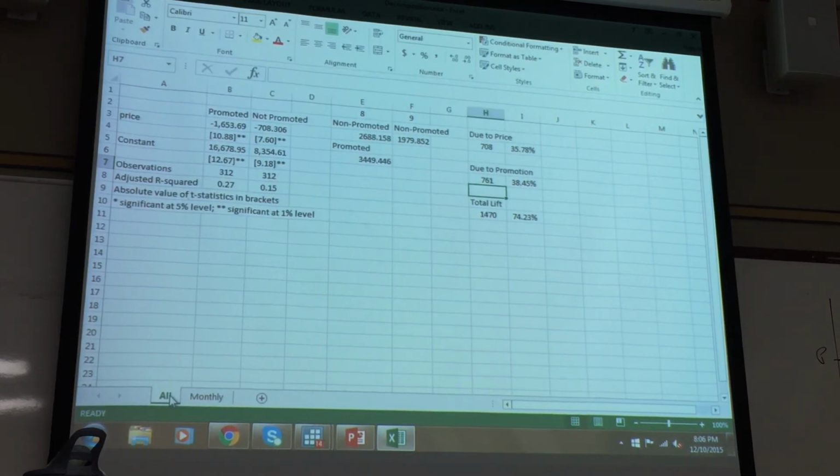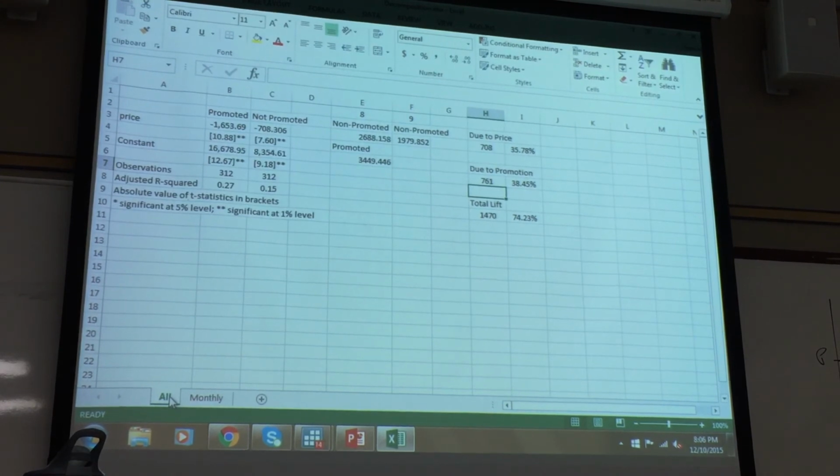I'm going to pick two prices, $8 and $9, and I'm going to evaluate. So here's $9, here's $8. I evaluate the non-promoted demand at $9, that'll give me QN.